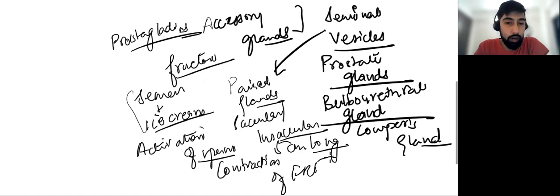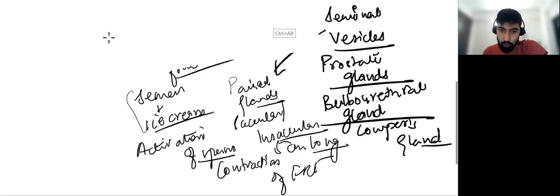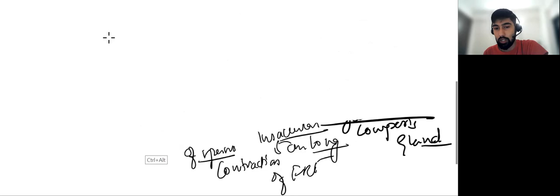As a result, it helps in the forward pushing of the sperms, it takes the sperms towards the cervix and all, right? So these are the uses of the seminal fluid that the seminal vesicles secrete.